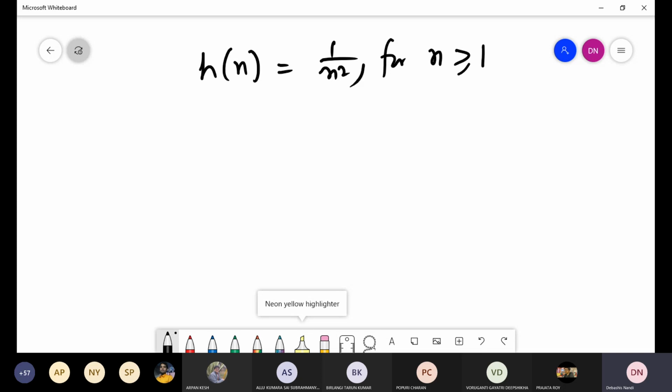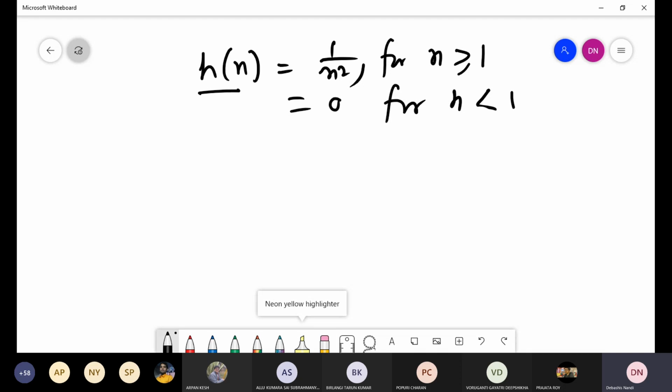Suppose a linear time invariant system is given for which hn is equal to 1 by n square for n greater than or equal to 1 and is equal to 0 for n less than 1. Then check whether the system is stable or not.